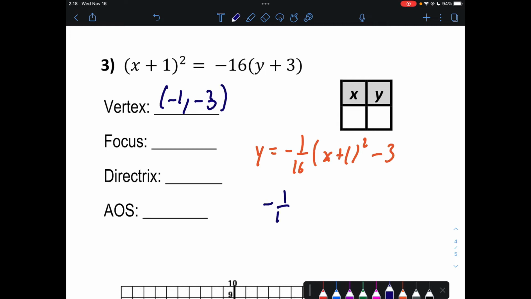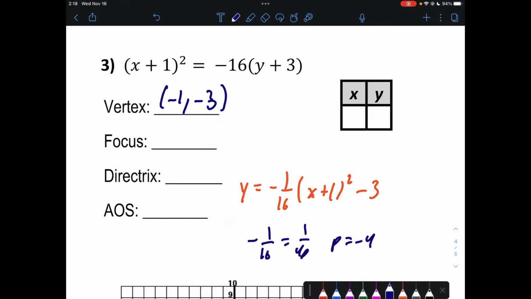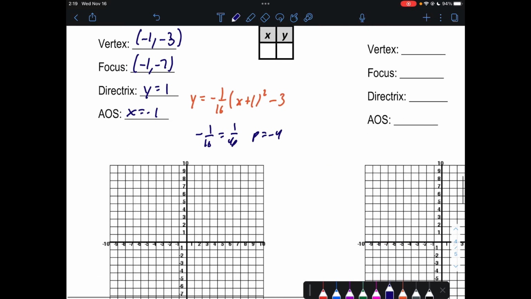If I set this equal to 1 over 4p, I would get p equals negative 4. So we're going to open down here. So for my focus, I'm going to move 4 down, negative 1, negative 7. My directrix, I'm going to move 4 up, so y equals positive 1. And my axis of symmetry is x equals negative 1.